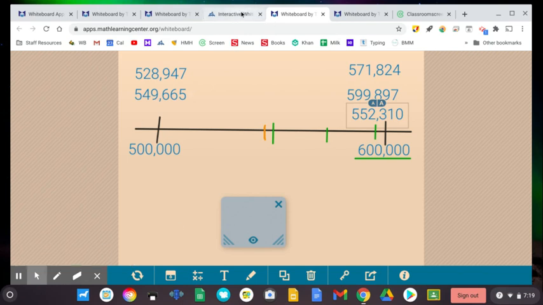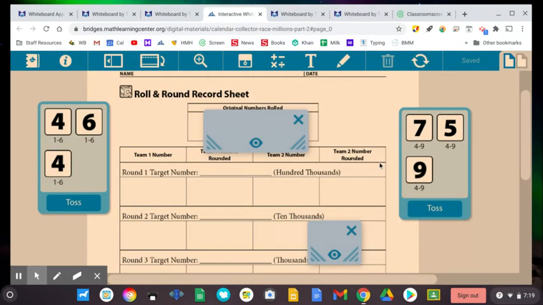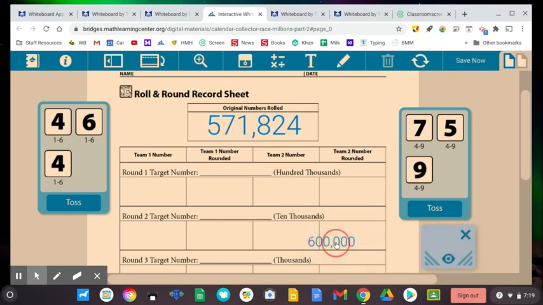Okay, getting into our game. I've already placed the number that we're working with from the other slide, 571,824. Notice that we now have to figure out our target number, the hundred thousands. So I have that hiding out right here, and we'll move it up.